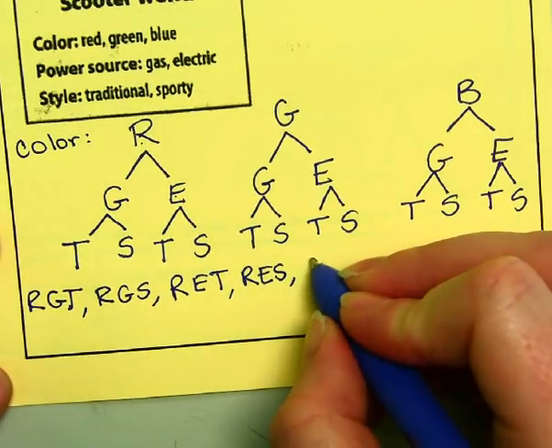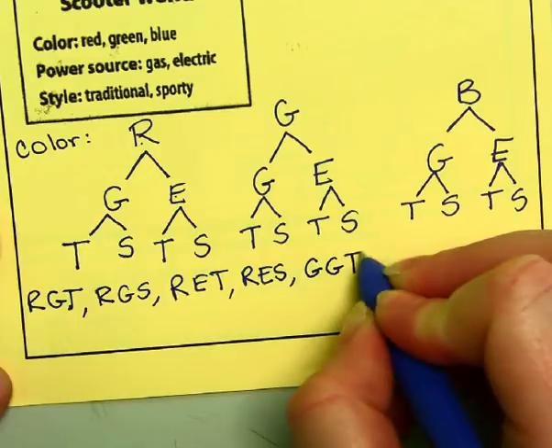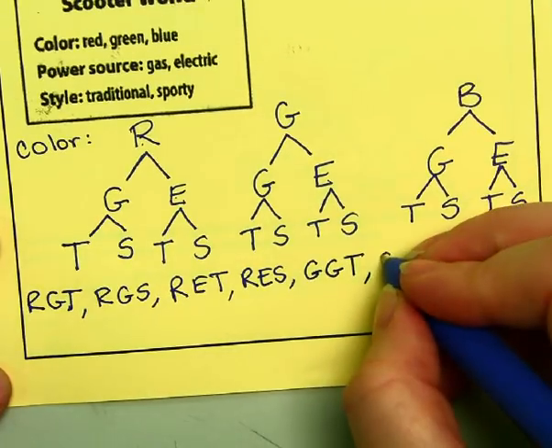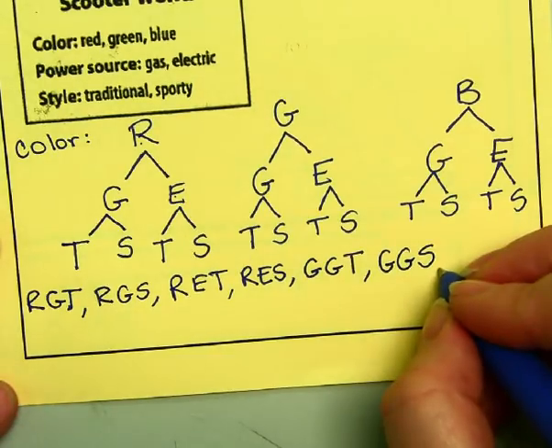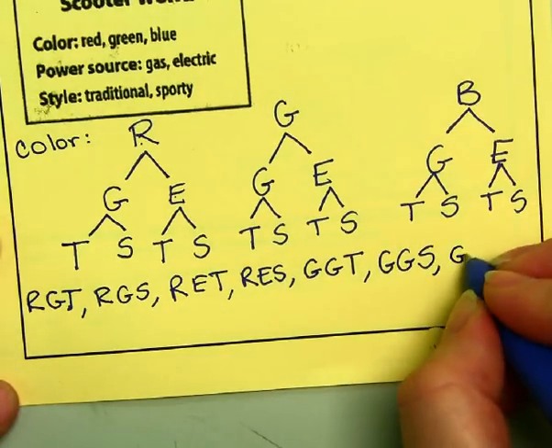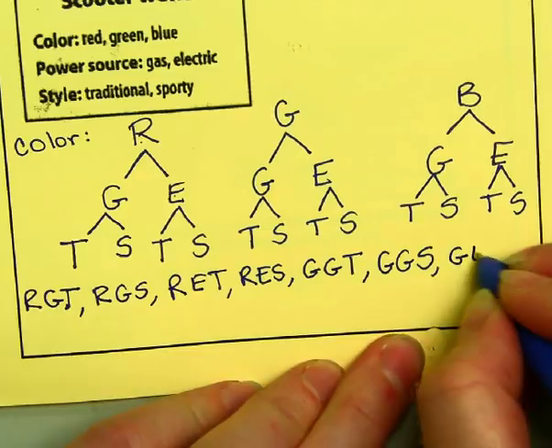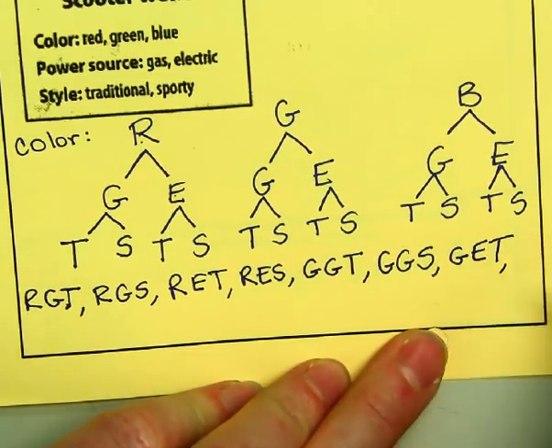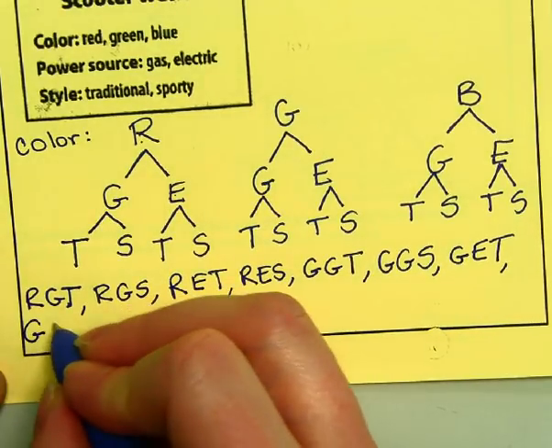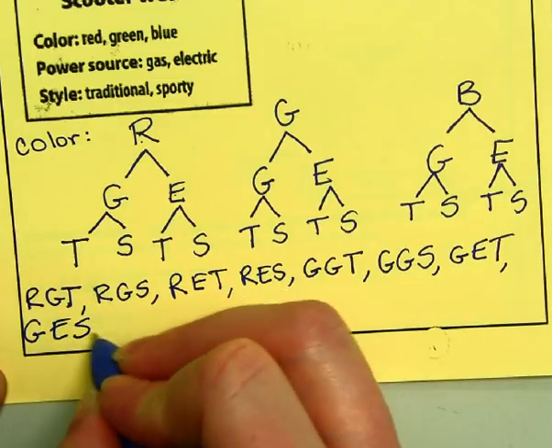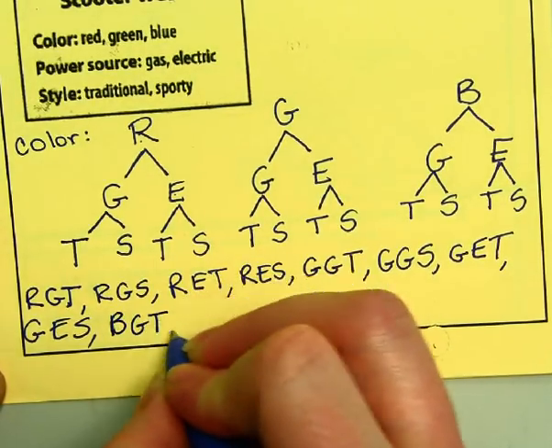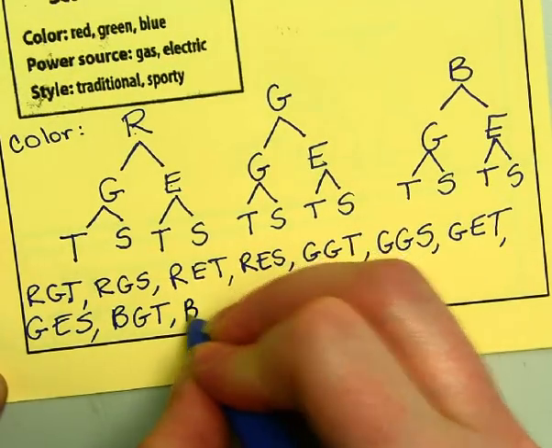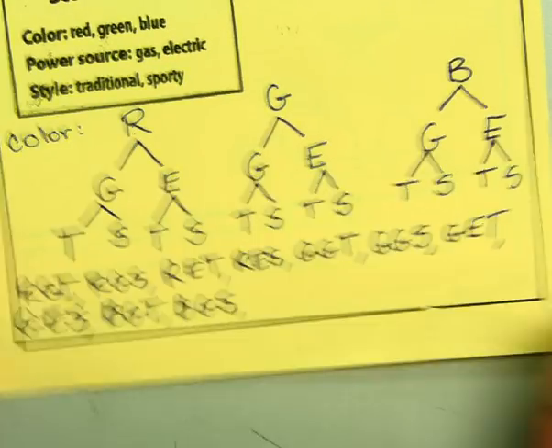Then I could do green, gas, traditional. Green, gas, sporty. Green, electric, traditional. Green, electric, sporty. Blue, gas, traditional. Blue, gas, sporty.